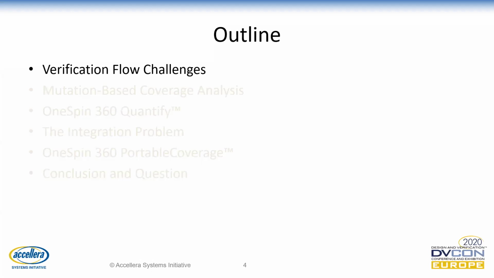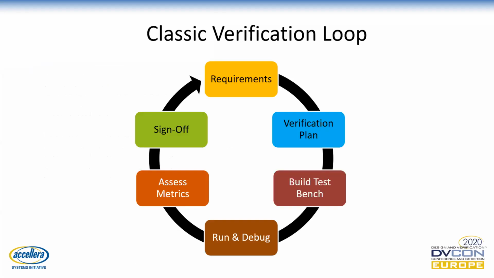So yeah, verification flow challenges. What are these? Let's visualize a classic verification loop. I believe that everyone is familiar with the verification loop depicted in this slide. Normally everything starts from requirements that are further broken down in the verification plan that needs to be completed. Based on this verification plan, there are teams that are building simulation test benches and they are run.